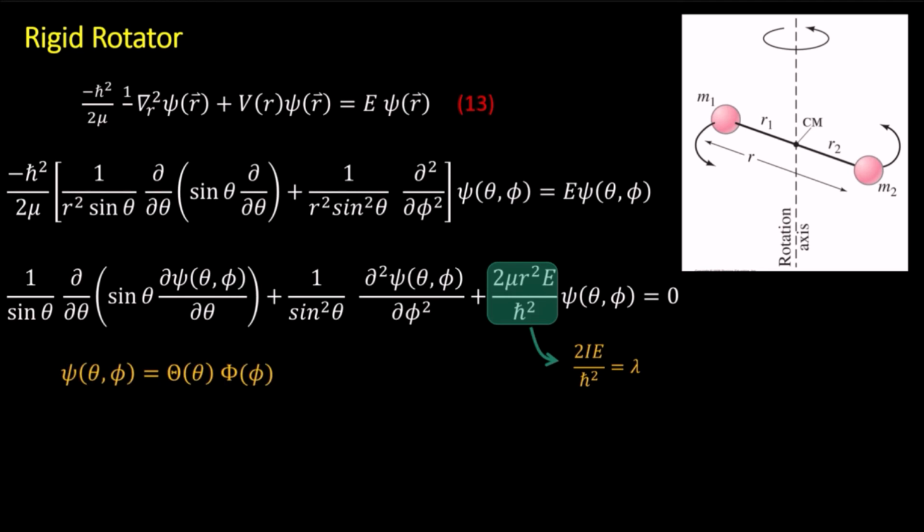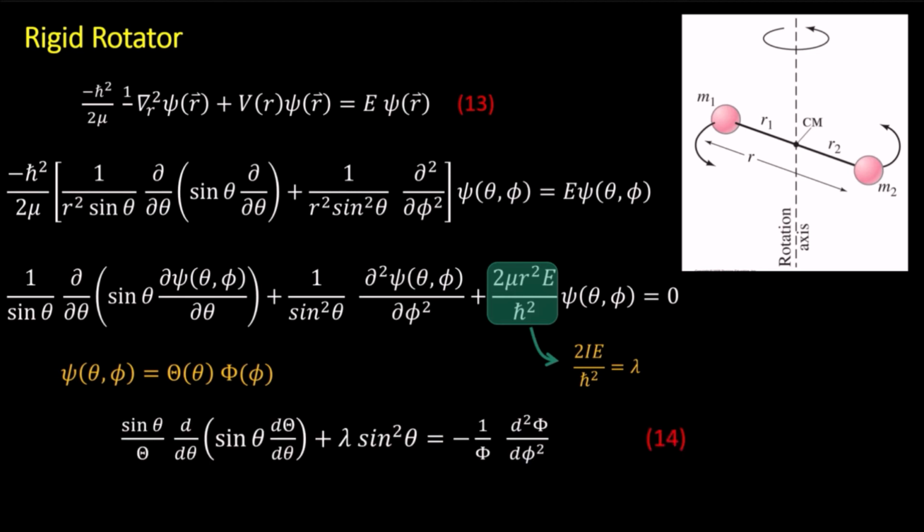Also, let's separate the wave function, which is a function of two angles θ and φ, into two separate functions, capital Θ and capital Φ. We have done the separation of variables procedure many times. So with this, the above equation becomes sin θ by Θ d by dθ (sin θ dΘ by dθ) plus λ sin²θ equal to minus 1 by Φ d²Φ by dφ².